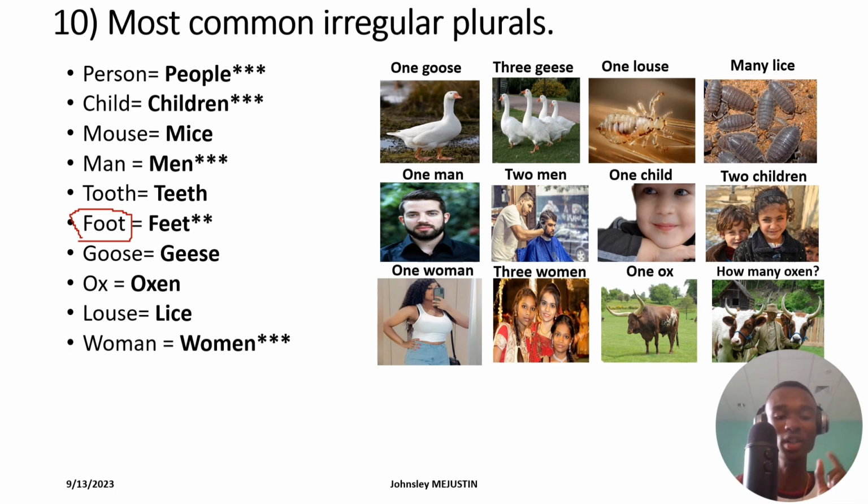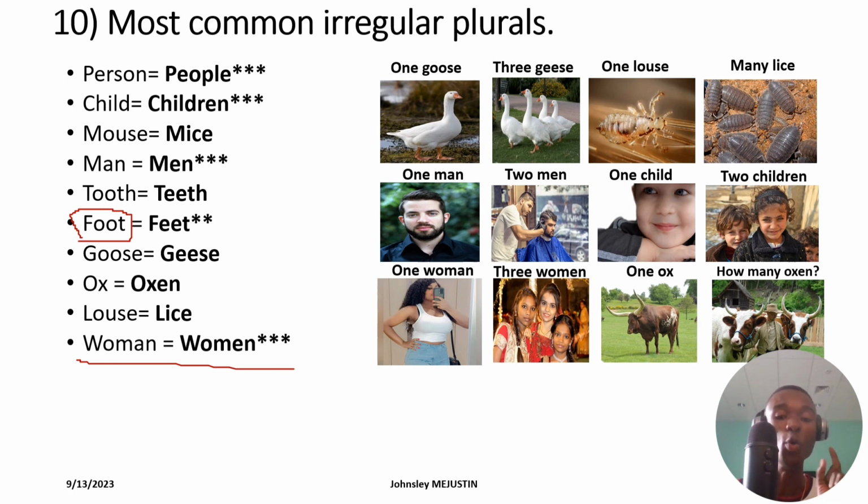Foot, not foot. Foot. Kind of like book. Okay? Book, cook, foot. And the plural is feet. If you walk on foot, you don't drive, you just walk. Okay? So goose, geese. Ox, oxen. Louse, lice. Woman, women. Be careful about these two.